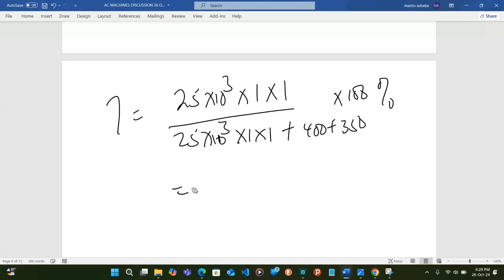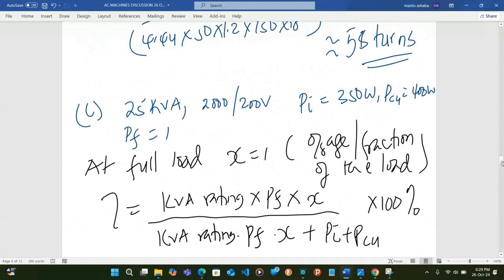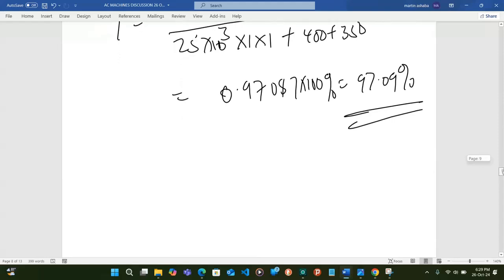This gives us 0.97087 times 100, which is 97.09%. So that is the efficiency of this system at unity power factor and full load.